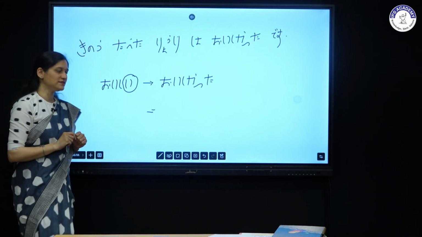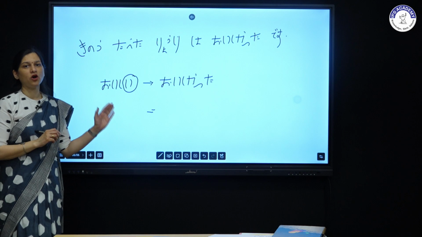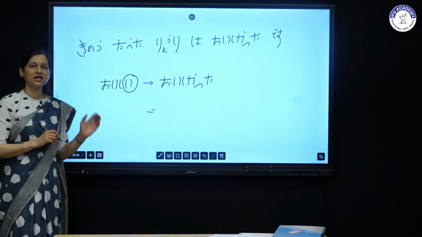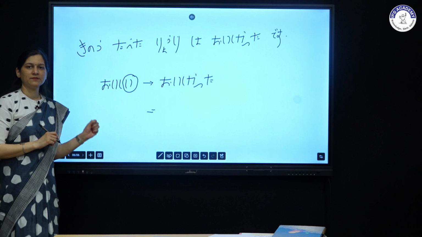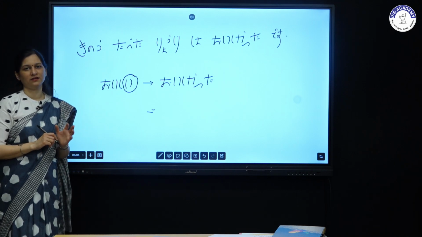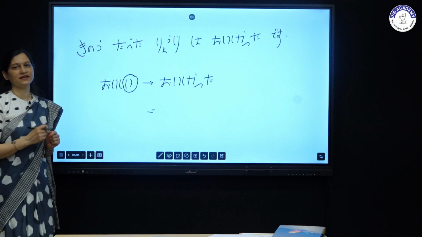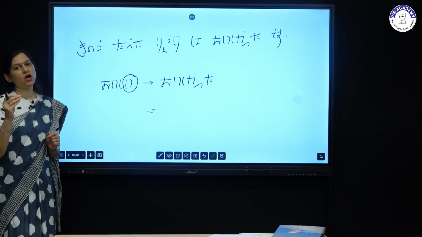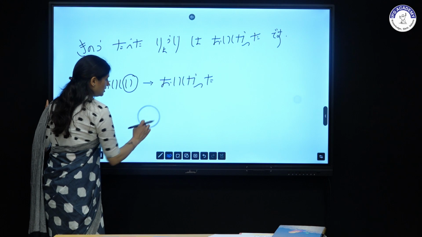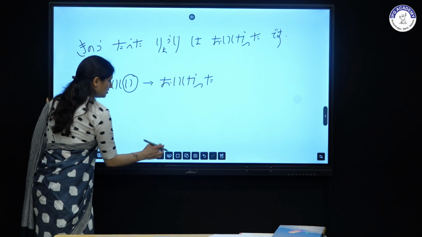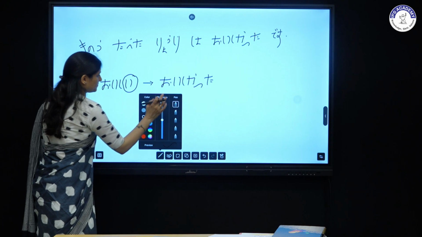For a very simple reason, because Japanese is a subject object verb language just like Hindi, whereas English is a subject verb object. Did you get the difference? So always try to translate a sentence from Japanese to Hindi or Hindi to Japanese. Okay, so now we have seen how to form past tense of an adjective. Yes?